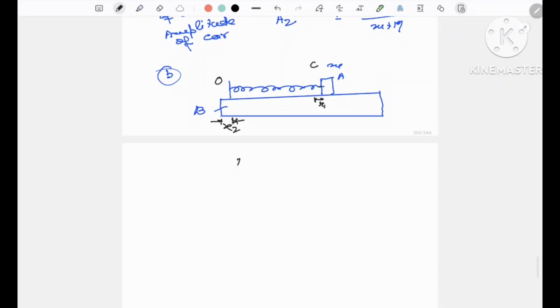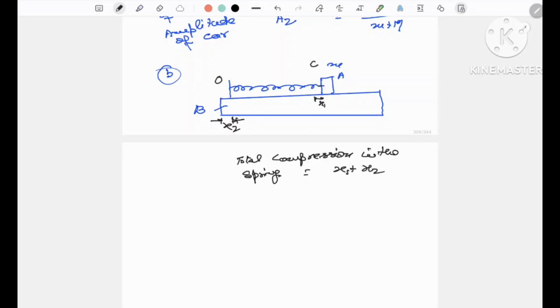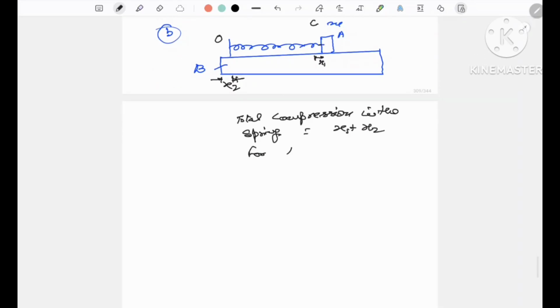The total compression in the spring will be x1 plus x2, and for delta x cm to be 0, m x2 must be equal to M x1.